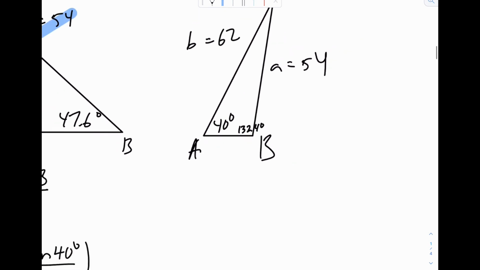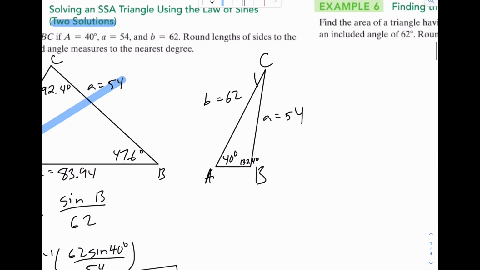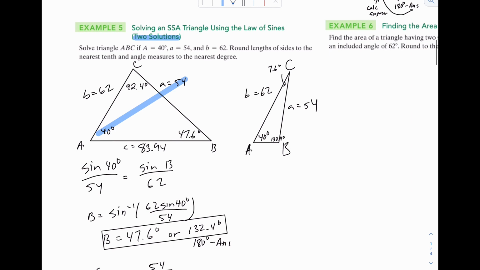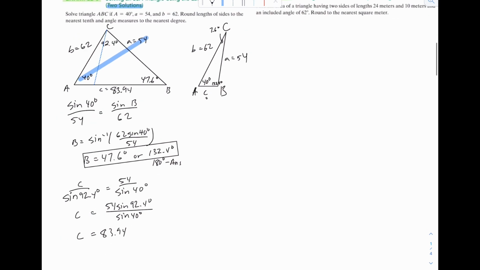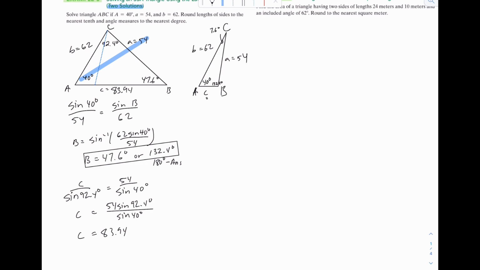And if that's 132.4, this thing in here is going to be 7.6. So if I were to draw it in for you, it'd basically be like right around here. This is where the second triangle is existing. This piece right here. And now it's basically the exact same thing. To find C, we're just going to do C over sine 7.6 degrees.